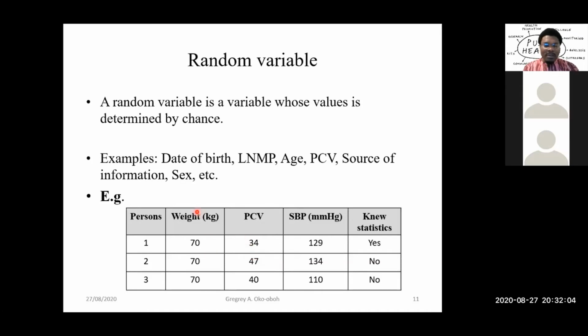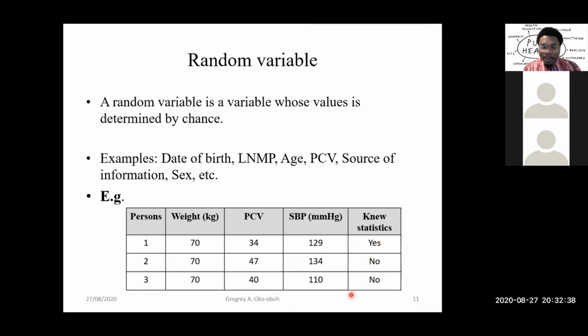Same thing, despite having the same weight, the systolic blood pressure measured in millimeters of mercury is different. Why aren't they the same? Why is a weight of 70 kg, same weight, having different blood pressures? Same thing, even their knowledge of statistics is different. Same individual with the same weight, but having different knowledge of statistics. This guy here knows statistics, but these other ones, they don't know.